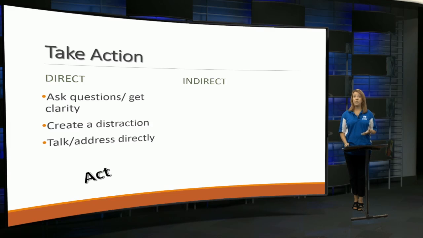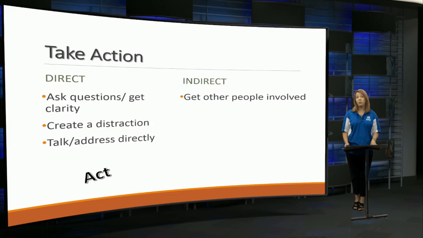Some indirect ways that you can also take action: getting other people involved. Maybe there's someone else that knows the people in this situation better than you do. They may be the person to get involved in this situation. Obviously, if it's an emergency, calling 911 or our UT Tyler Police Department.